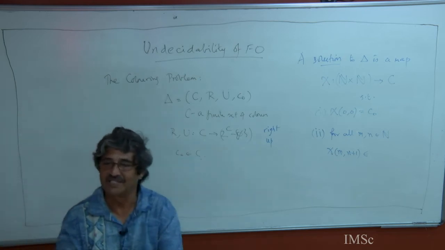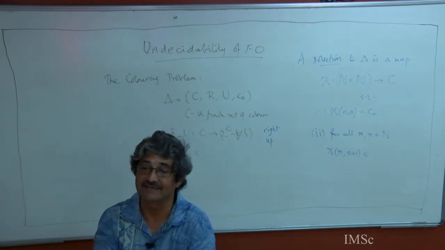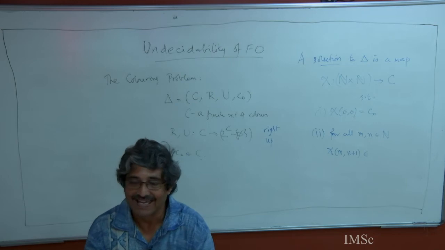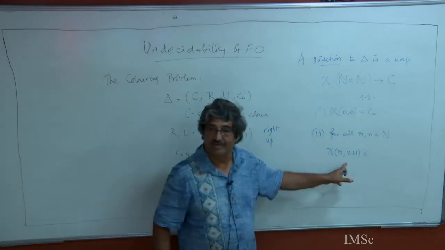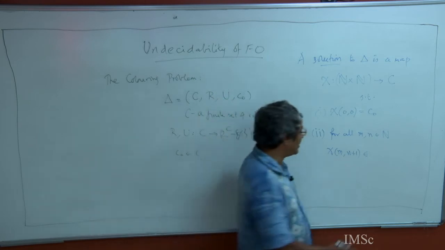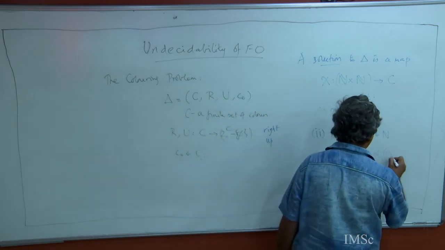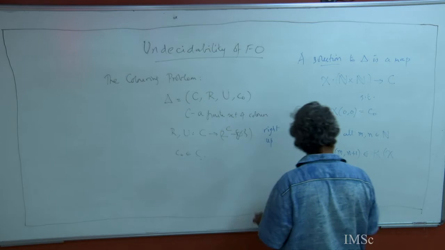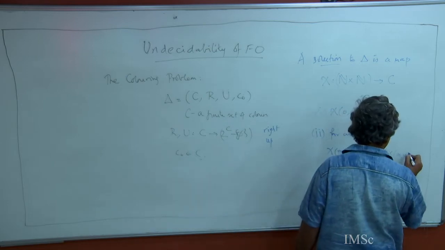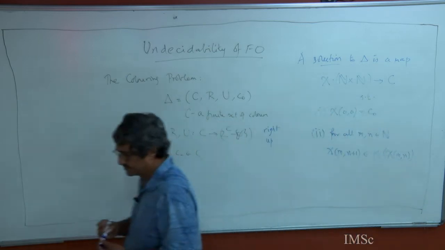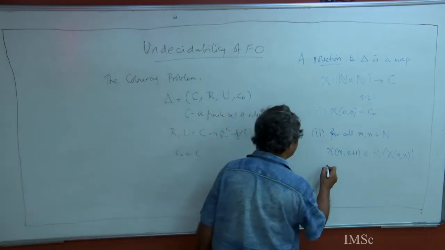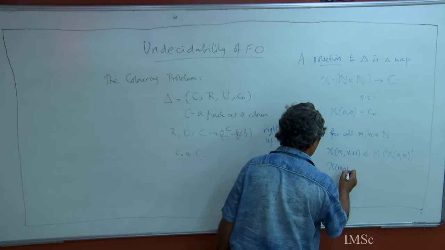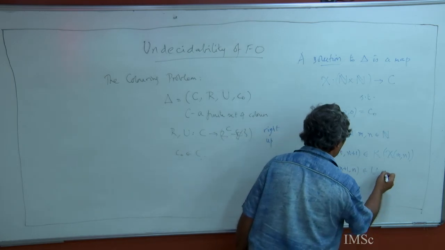You are told that the origin should be colored by this particular color, and then the obvious condition that you will have: the color that you assign to the point (m, n+1) should belong to the right set of chi(m, n). And the color chi(m+1, n) should belong to the up set of it.